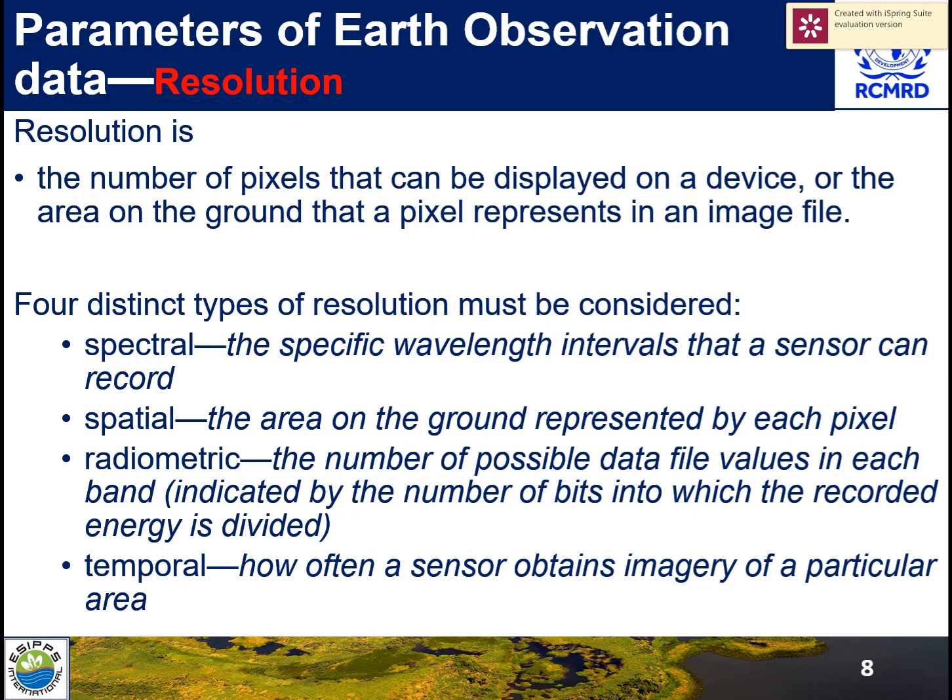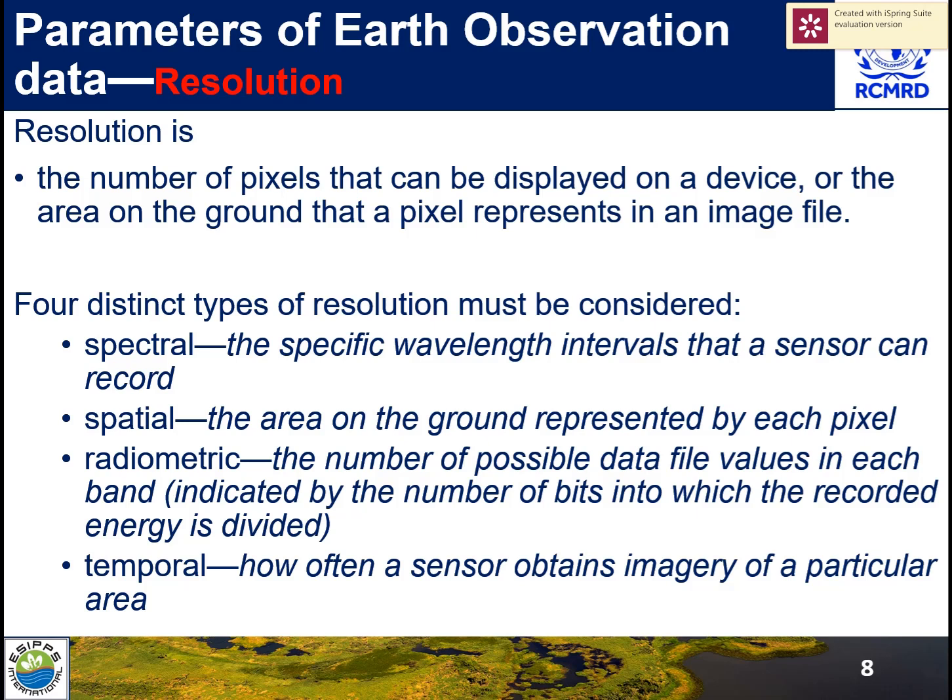So in other words, an image which has a higher number of pixels to represent an object, let's say a house, has a higher spatial resolution for that object, and vice versa.